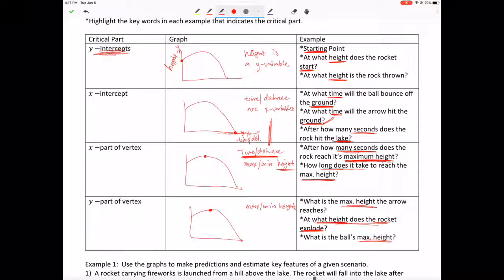The x part of the vertex is the time that it takes to get to that vertex, the highest height. And then the y part is this part. It is the maximum or minimum height. Okay? Hopefully that makes sense. This is just from there to there.